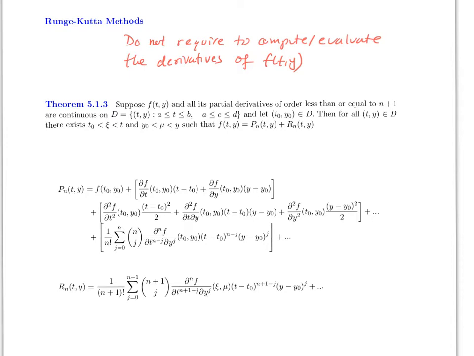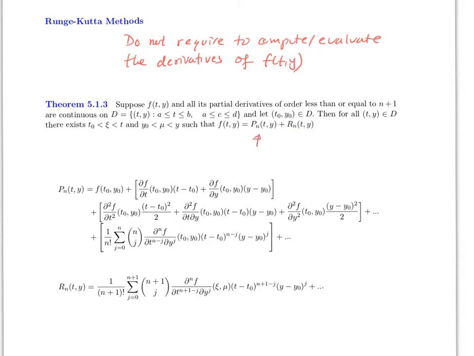It says the following. Suppose that f of t, y has n plus 1 derivatives which are continuous in the following set. Then if this point also belongs to the set, then for all the t, y belonging to the same set, there exist two variables, c and mu, such that the function can be written as a Taylor polynomial in two variables plus the remainder.